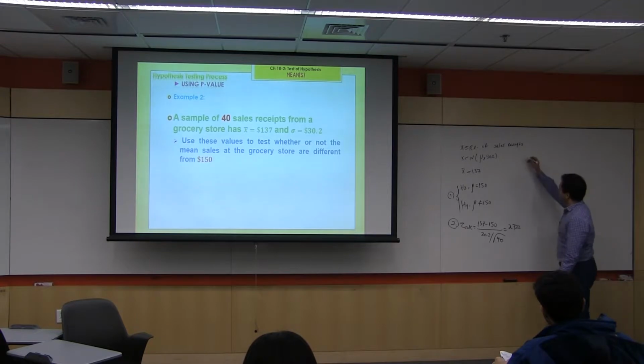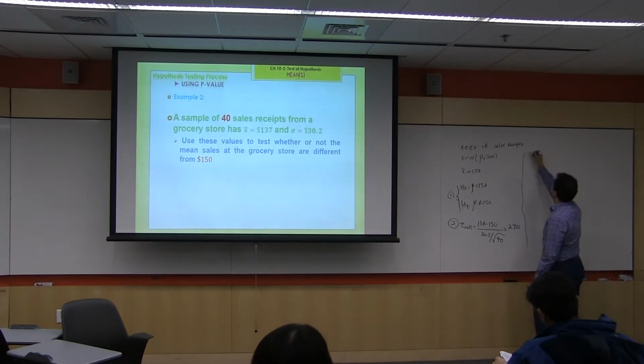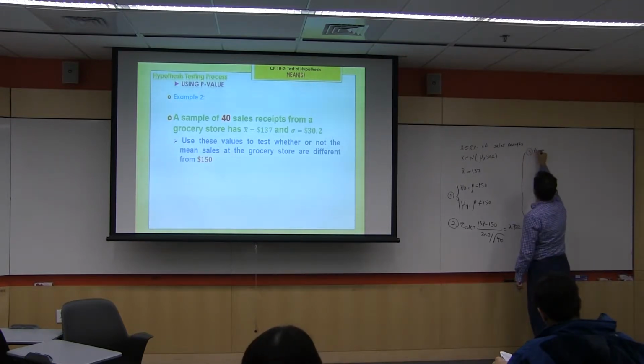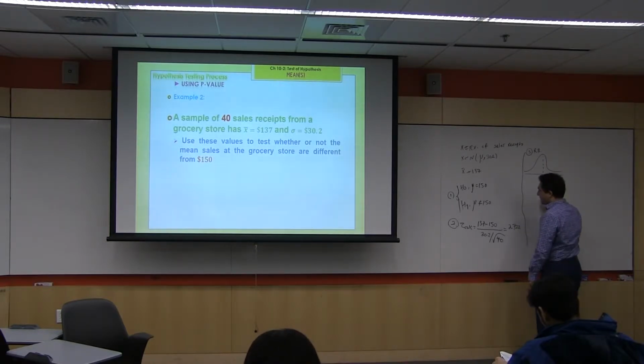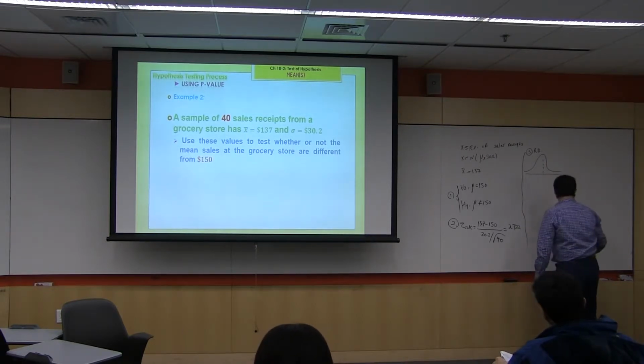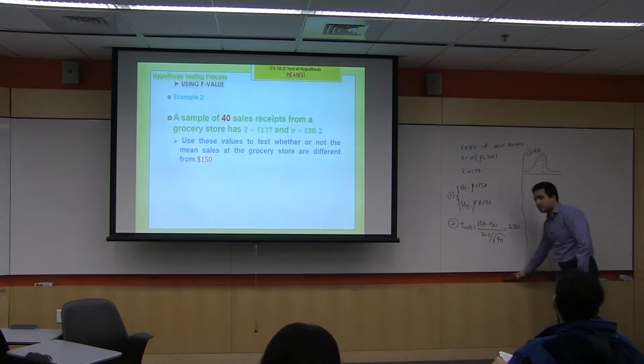So I'm going to use both methods here. First, rejection region. The curve is a normal curve. Z-calc is 2.72. My bad, sorry.